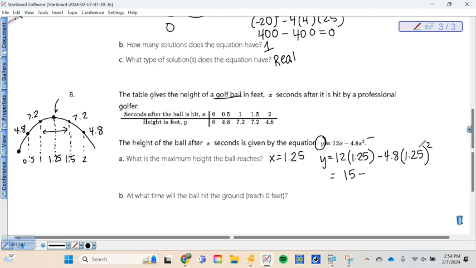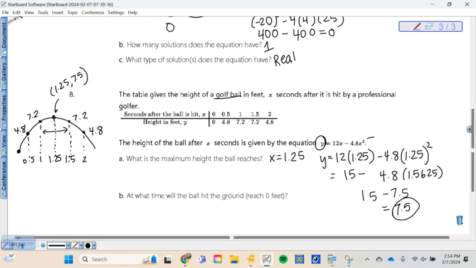It's 1.25 times 1.25. 1.5625. And then what's that times 4.8? Yeah, 7.5. Okay, so I've got 15 minus 7.5, which is 7.5. So that would be the maximum height. That vertex is at (1.25, 7.5).